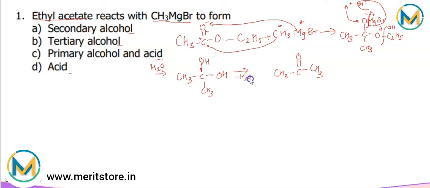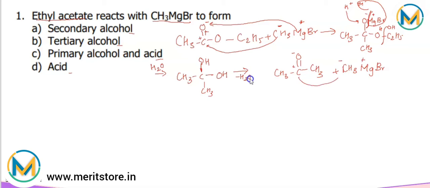But now if this molecule is further treated with the Grignard reagent, CH3MgBr, carbon is positive, oxygen negative, and Mg positive, carbon negative.